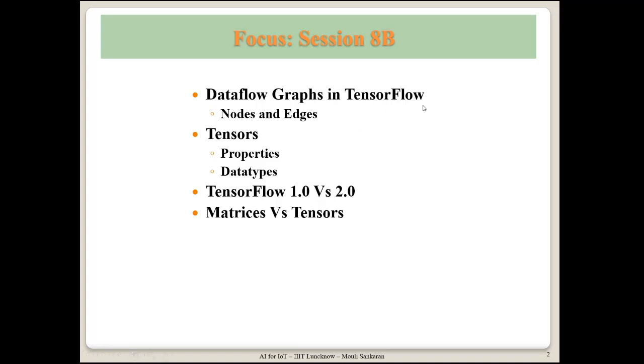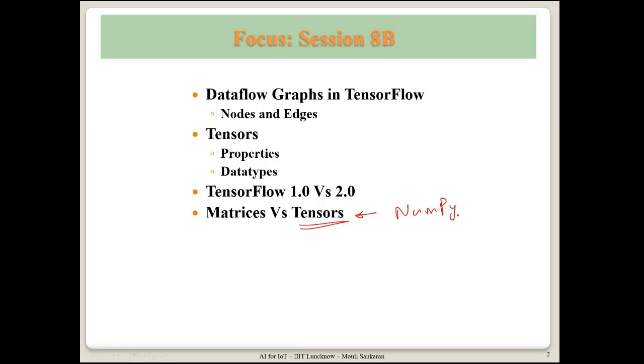What are data flow graphs in TensorFlow? We will learn about nodes and edges, then tensors in particular. Then I will give you the difference between the earlier version, which I mentioned in the last section was 1.0, and 2.0, which we are going to use now. And then one example to differentiate between the normal matrices that we have seen in NumPy and how tensors are different from matrices.